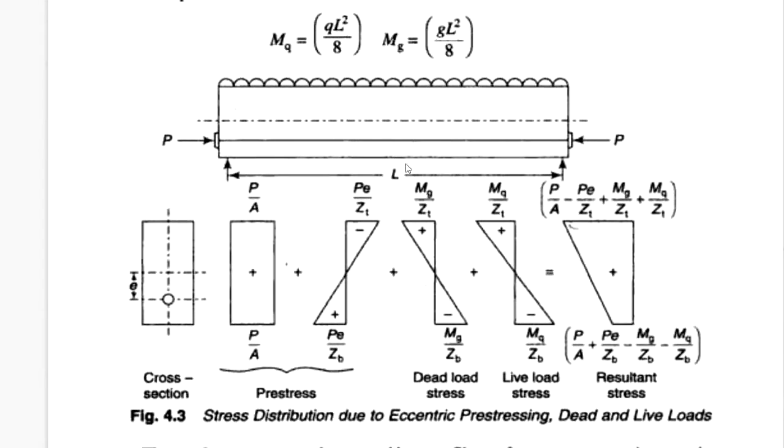What is the resultant stress is what we need to find out. In the previous session we discussed it. Due to the pre-stressing force, the stress which the beam is going to face is P divided by A, that is load divided by area. But due to the eccentricity, there is some amount of moment which is going to get induced.